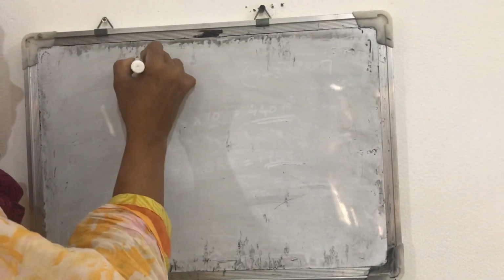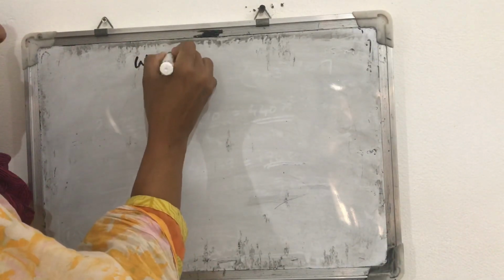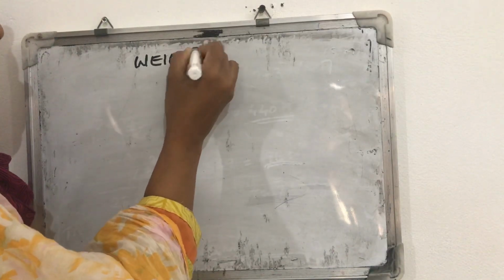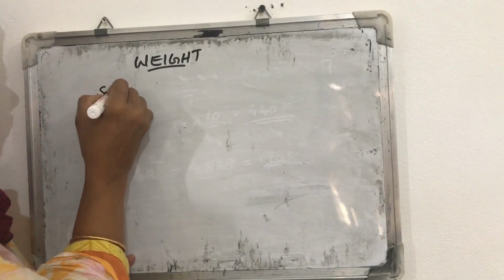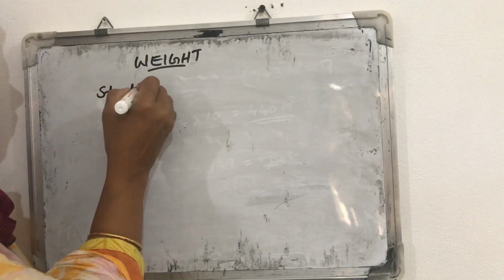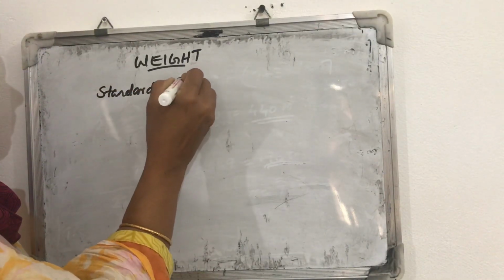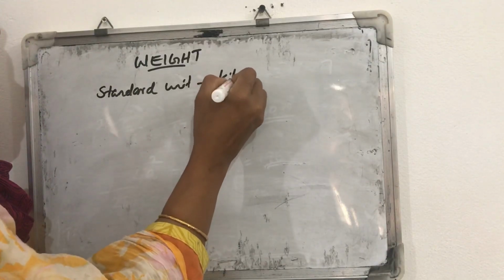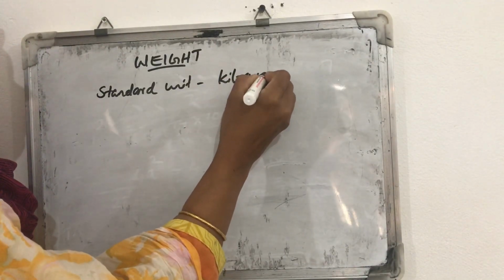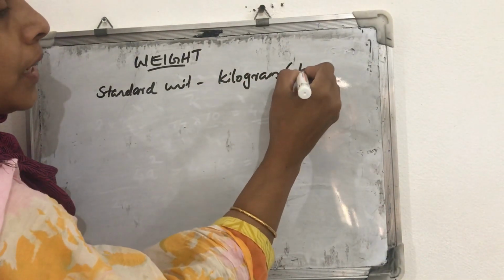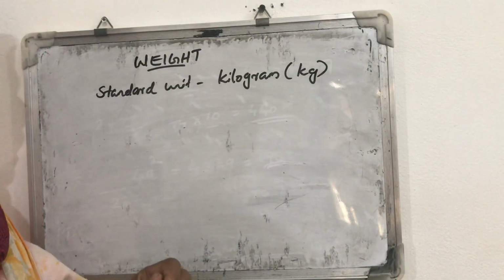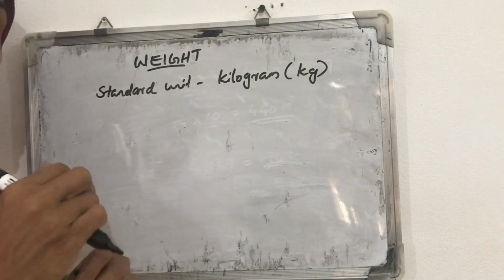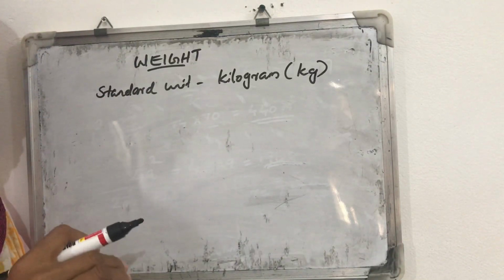Today we are discussing measuring weight. The standard unit of weight is kilogram. For kilogram we use the letters kg. That all of you know. Now, for measuring smaller weight, we use another unit.